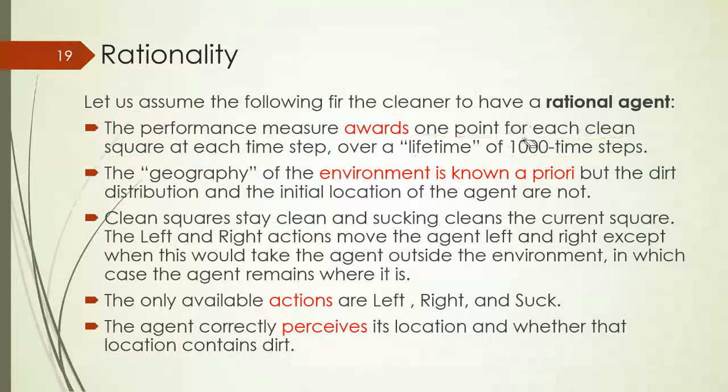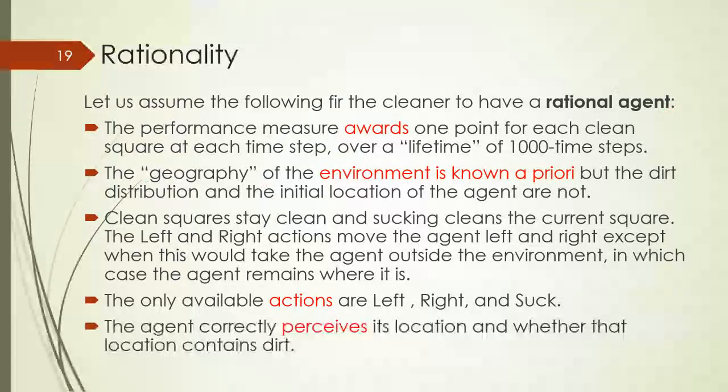So the best case is all squares are clean all the time, meaning that for 2 squares over 1,000 time steps you get a maximum of 2,000 reward, and in general, if you have n squares, n times 1,000.